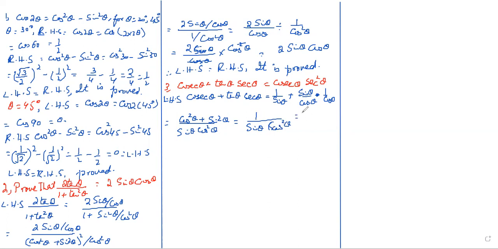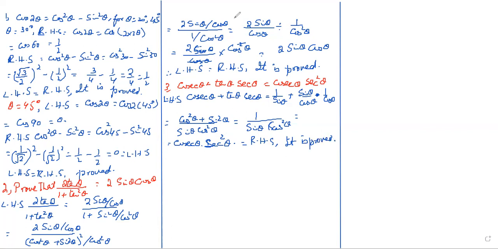So 1 over sine theta is cosecant theta, times 1 over cosine square theta, which is secant square theta. Which is equal to the right hand side. So left hand side equals right hand side. So it is proved.